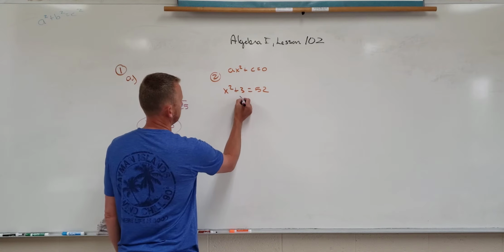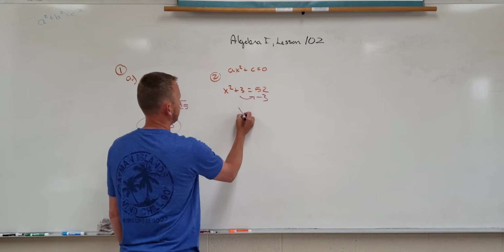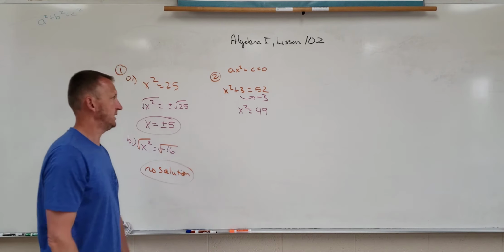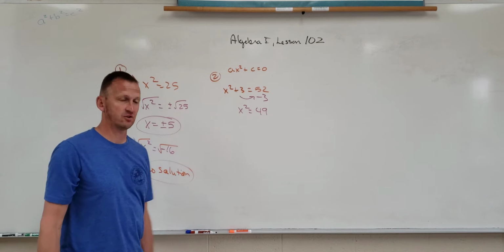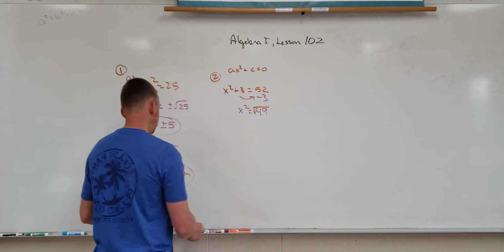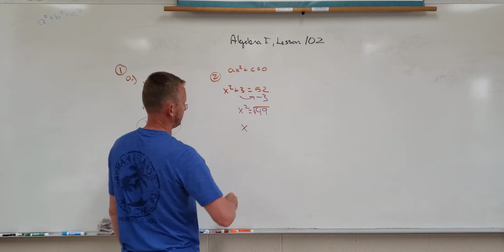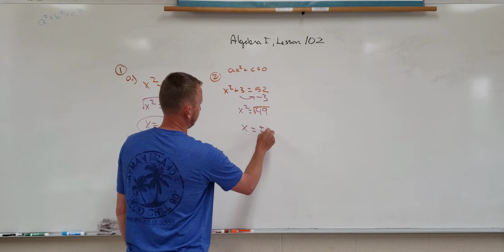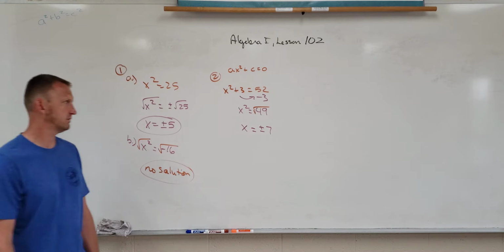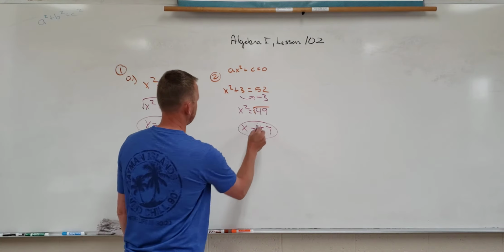Take our 3 over and subtract, do the opposite. So x squared equals 49. The opposite of squaring something is taking the square root of 49. And now with this lesson specifically, we know that it could be positive and it could be negative. So plus or minus 7.